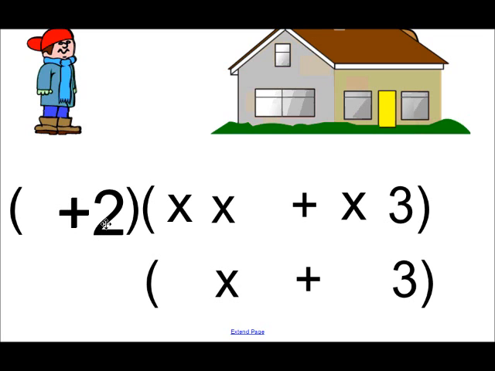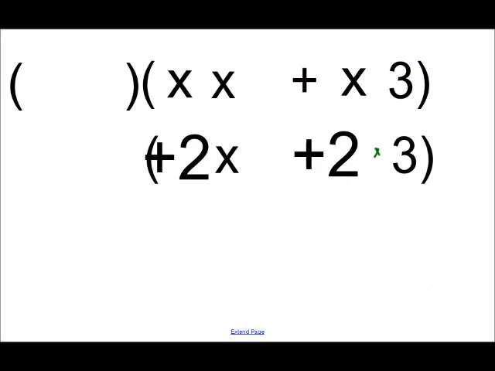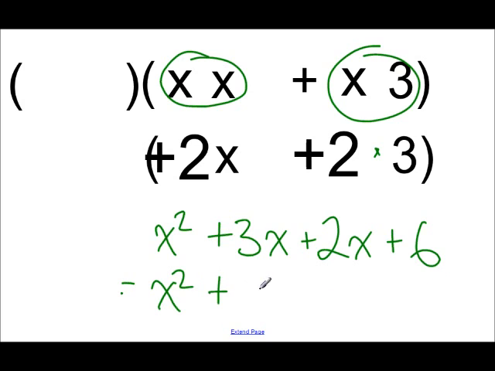So that means this 2 comes in and says hi to the x, and it says hi to the 3. Okay? So that means what we end up with is we end up with these two x's interacting. We end up with 3x there. We end up with 2x here, and we end up with 6. Okay? So that means x squared plus 5x plus 6.